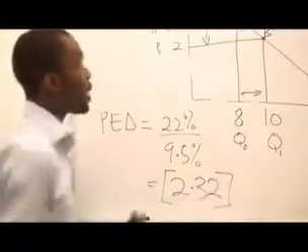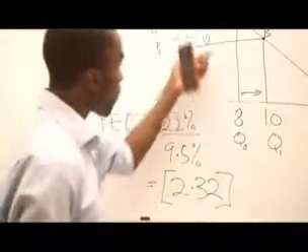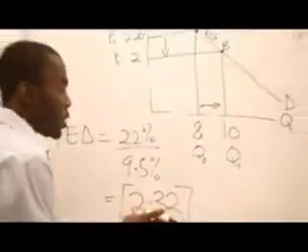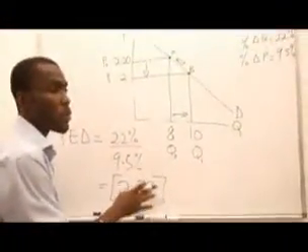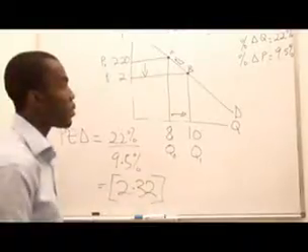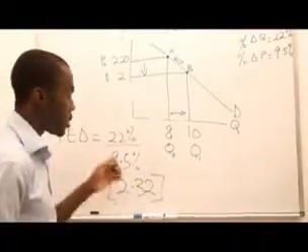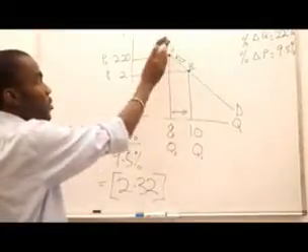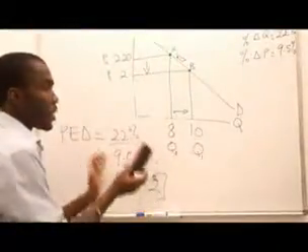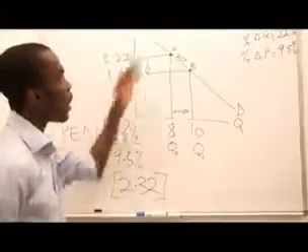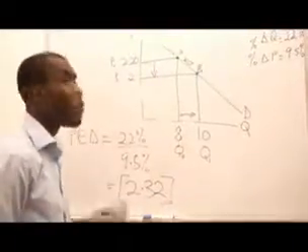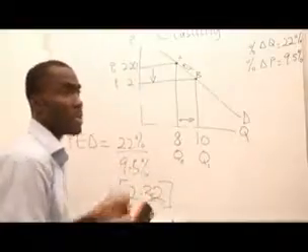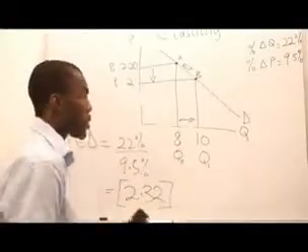So this tells us that a 1% decrease in price will lead to a 2.32% increase in quantity. So whether you move from point A to B or from point B to A, you will still get this result because of the midpoint elasticity of demand formula that we used.